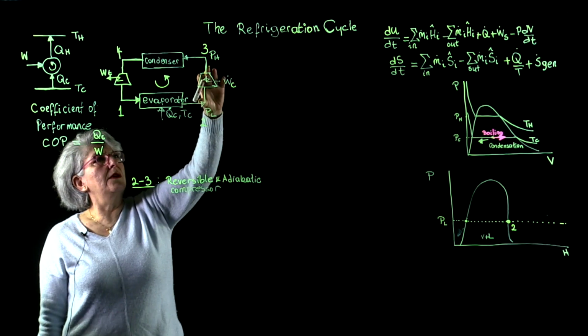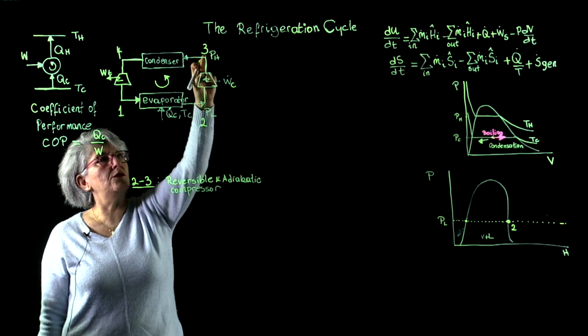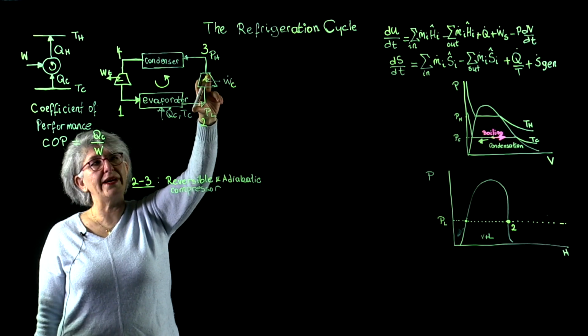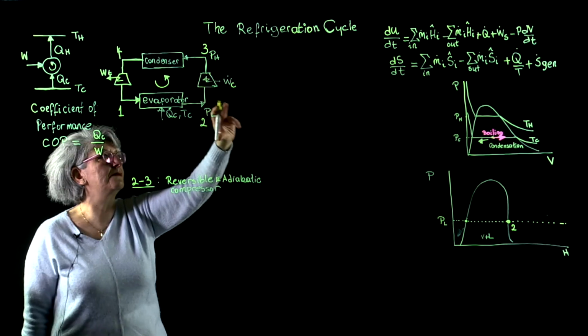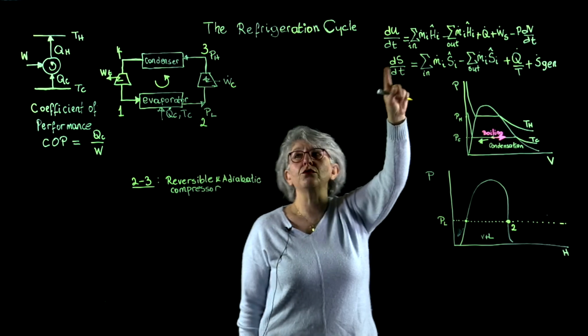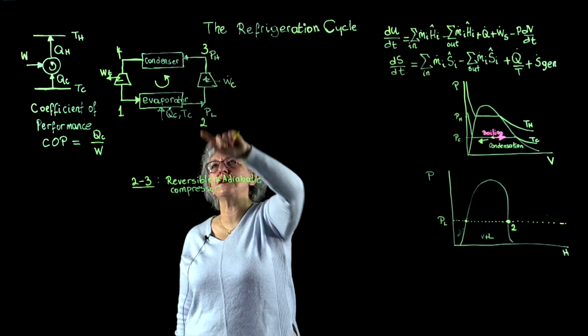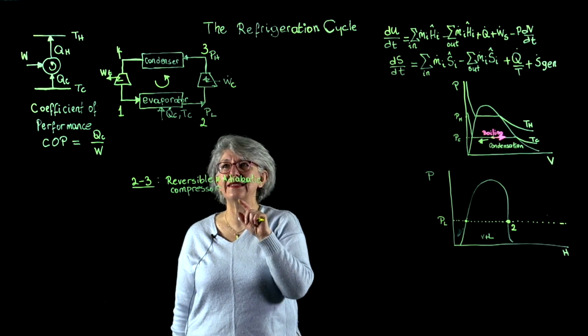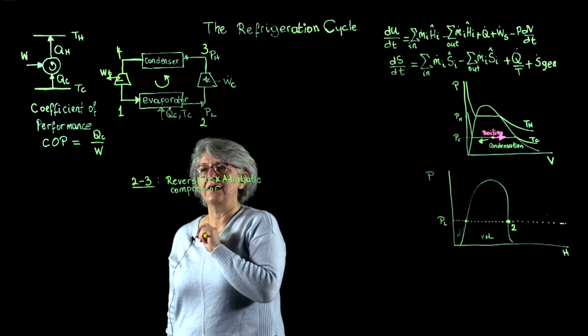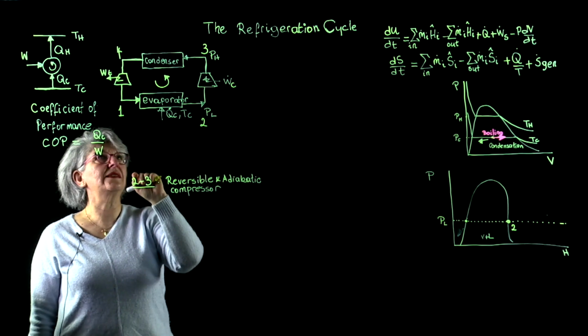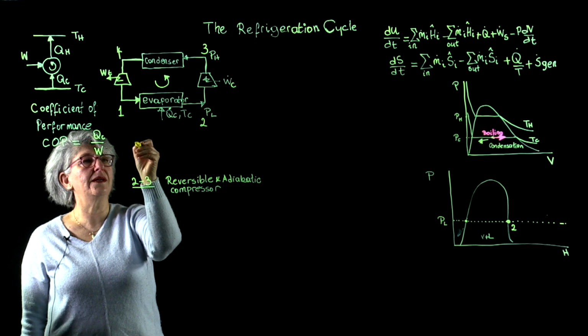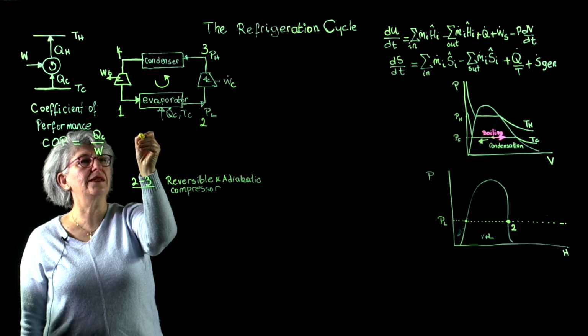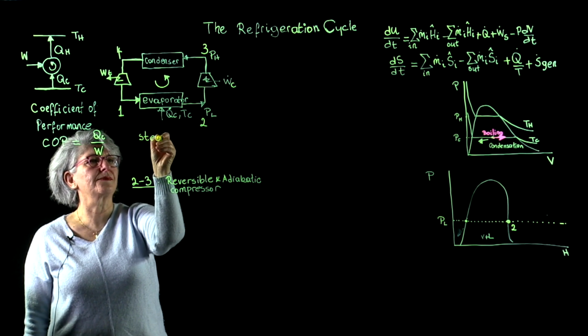So the points between 2 and 3 looks like that I have an open system, and it looks like that this system is operating at steady state. So let's keep that in mind, that the operation is a steady state.